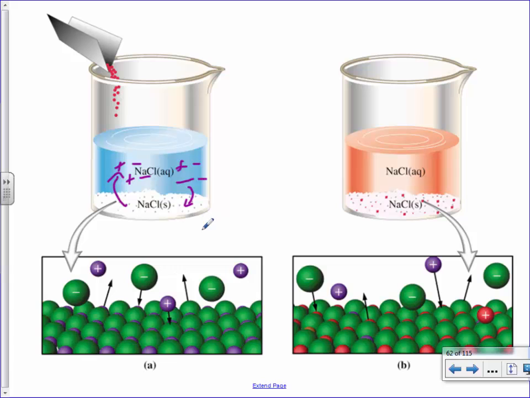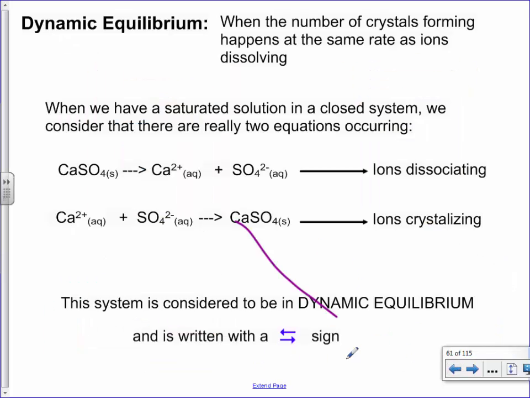Dynamic is the word we use. So sometimes we draw this with double-sided arrows, just to indicate that this is turning into this, and this stuff is turning right back into the solid stuff. Does that make sense? So it seems as though that beaker is doing nothing, but actually there's a lot happening in there. Stuff is breaking apart, other stuff is coming back together.